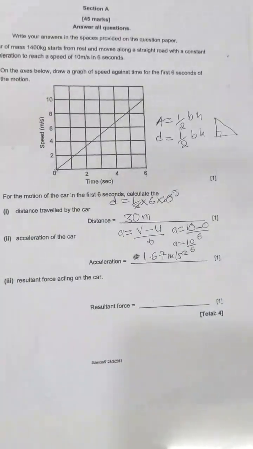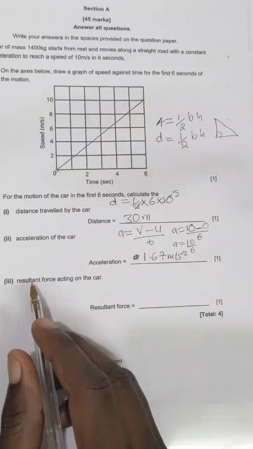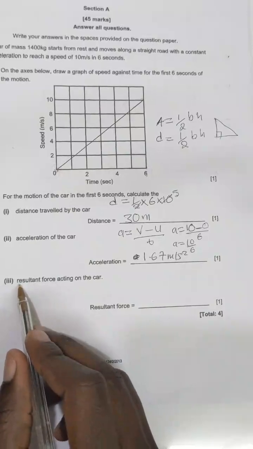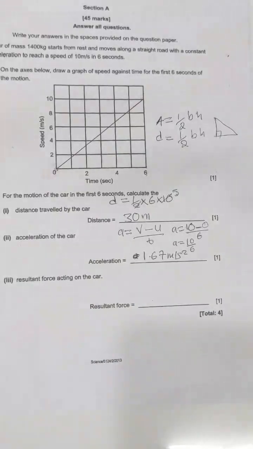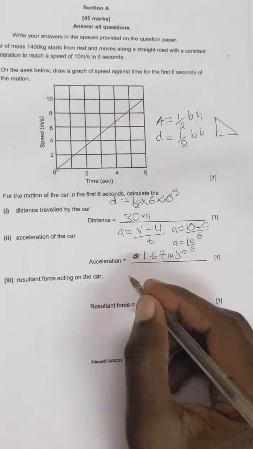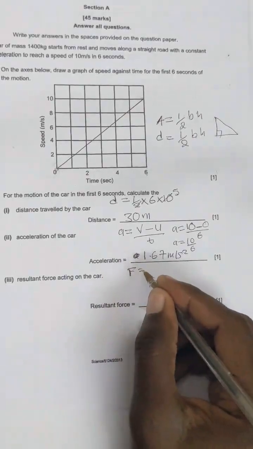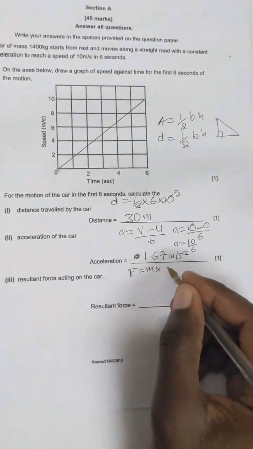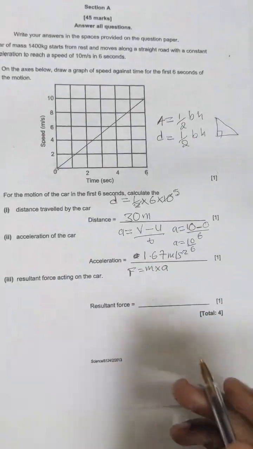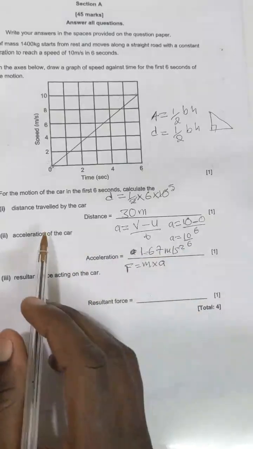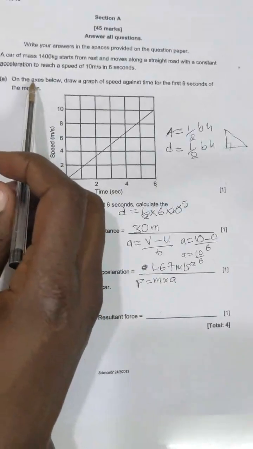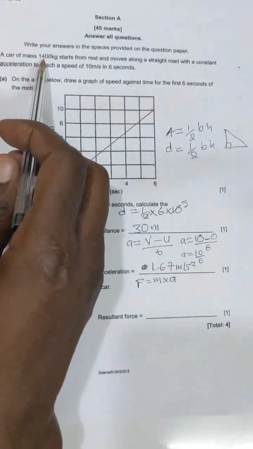The other question is asking, what is the resultant force acting on the car? You know that the formula for force is equal to mass times acceleration, which we have. We have the acceleration and the mass of the car, which is 1,400.